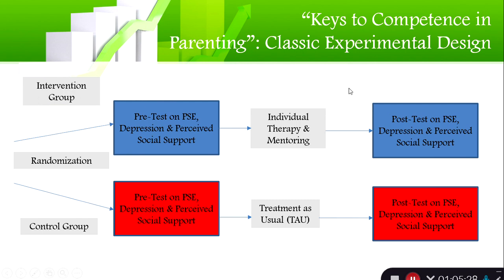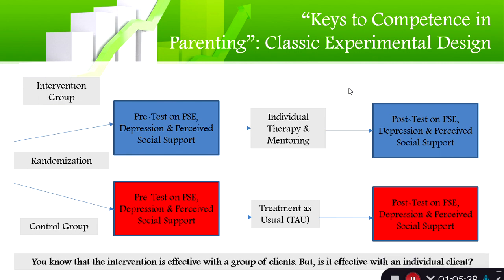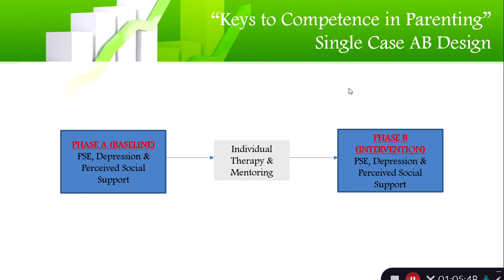But if we know that this particular intervention is effective for a group of clients, is it effective for an individual client? Well, we don't know that. So then we could pivot from using the classic experimental design to using a single case or A/B design.